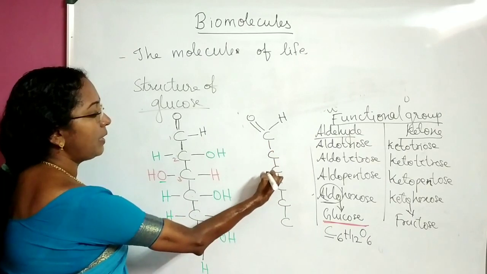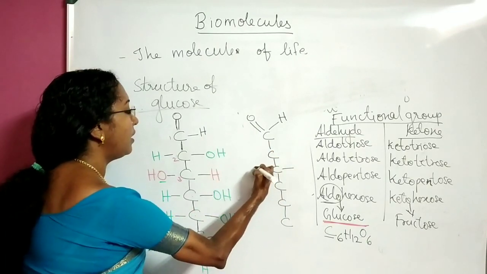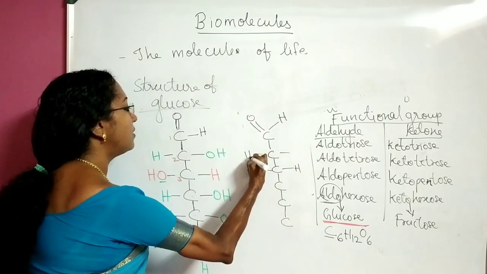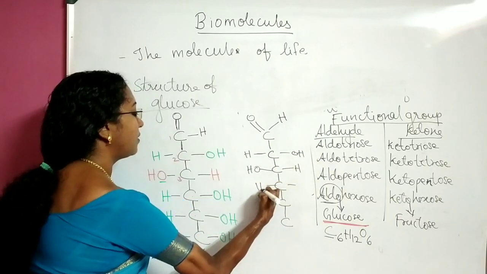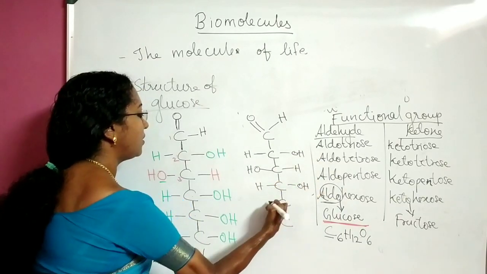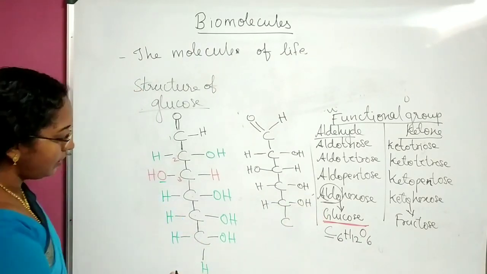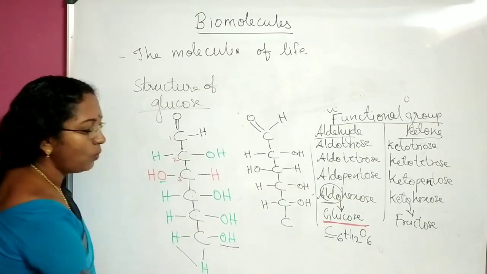So what should I be careful about? The third carbon alone, I should put the orientation as OH-H. Rest of the carbons, it is H-OH, H-OH, H-OH. And see here, this carbon is bonded to 2 hydrogen and 1 OH.